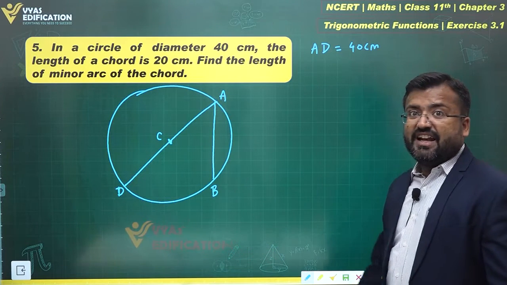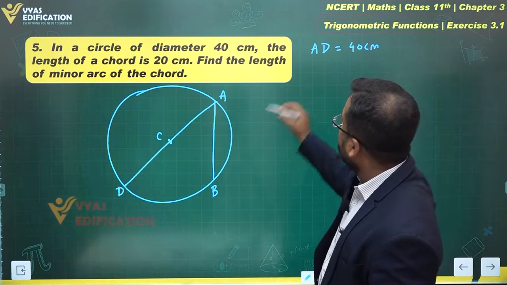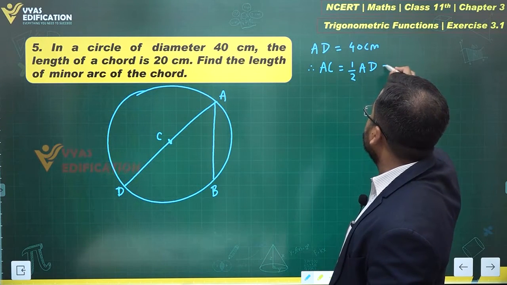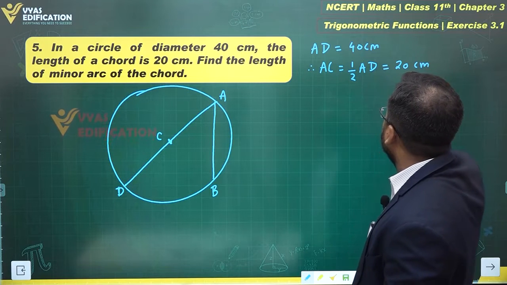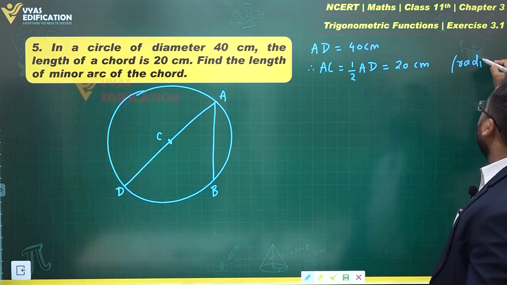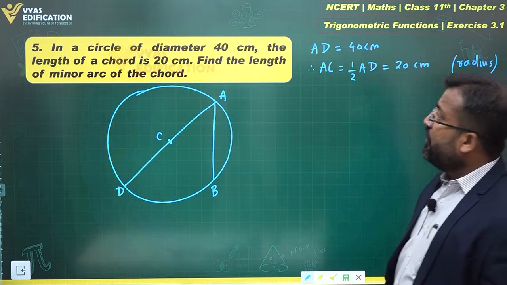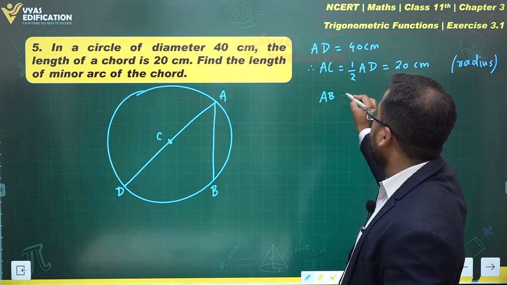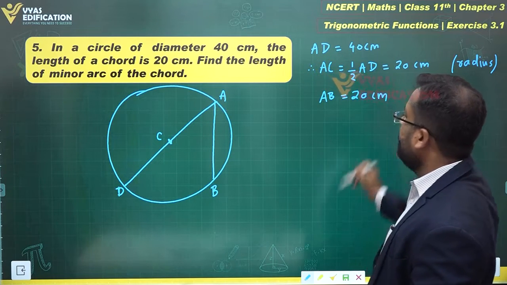The radius will be half of this, therefore AC will be half of AD, which is 20 centimeter. This is my radius of the circle. What else? The length of a chord is 20 centimeter. AB is given to be 20 centimeter.